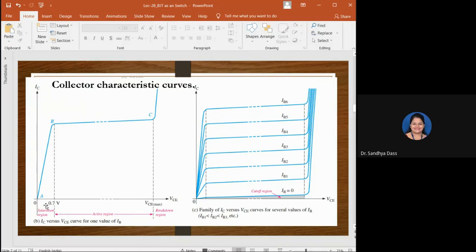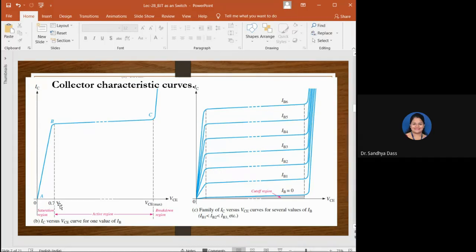So this VCE is less than 0.7 volts. Now observe, if VCE crosses 0.7 volts, what would be the condition of the base collector junction? Go back to your construction diagram and observe what the biasing condition at the base collector junction would be.